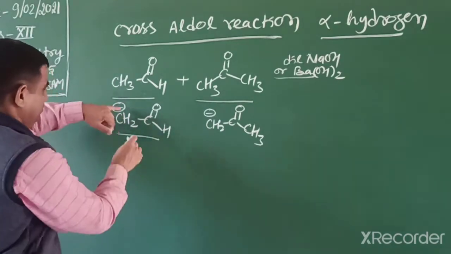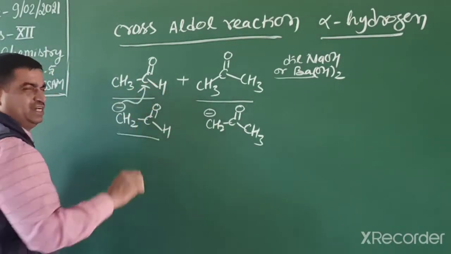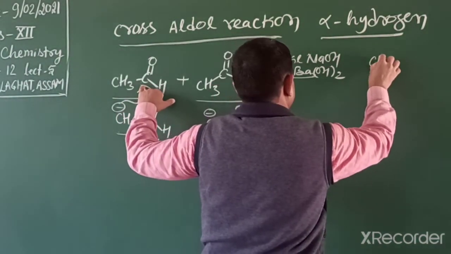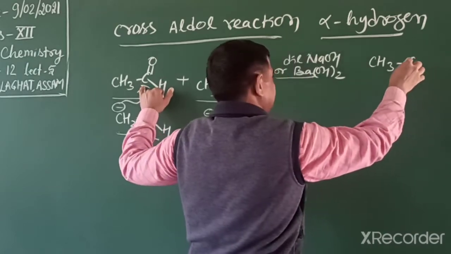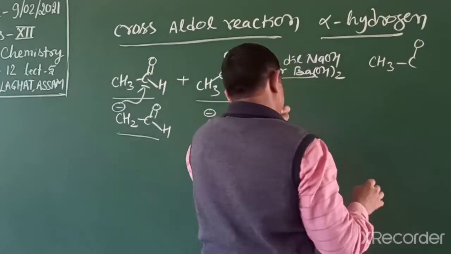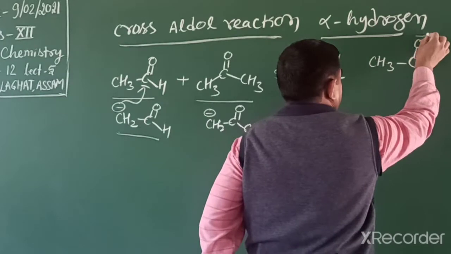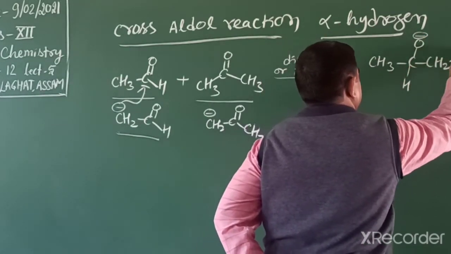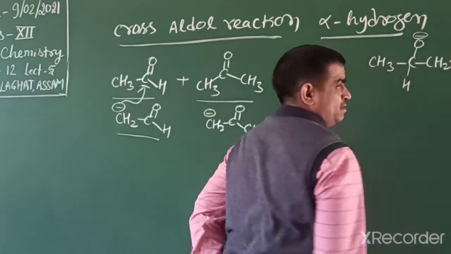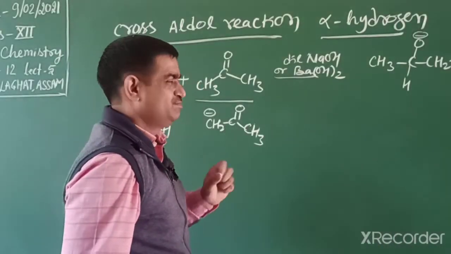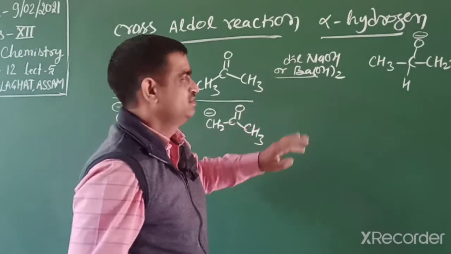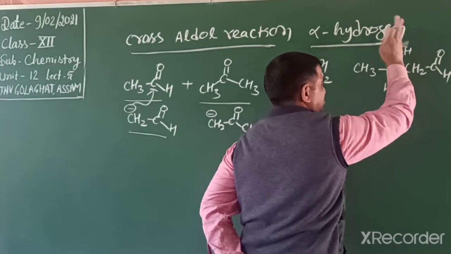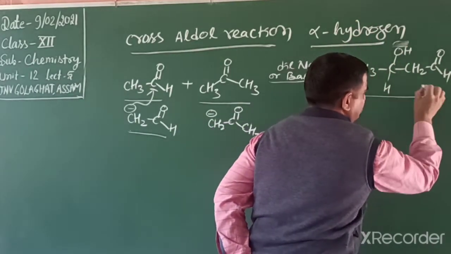This same molecule attacks this aldehyde, then the product we can write in this way, oxygen then minus. That negative ion abstracts a proton from a water molecule, and it is converted into this beta hydroxyaldehyde. This one is an aldol product.